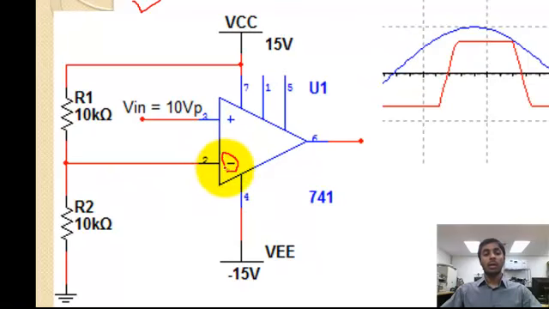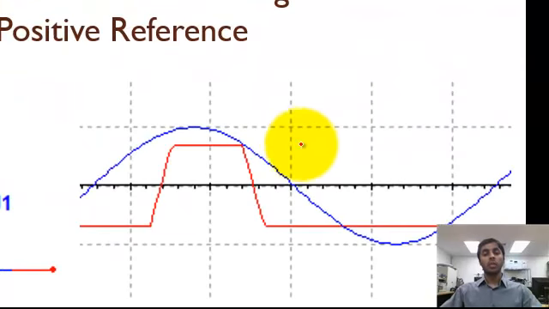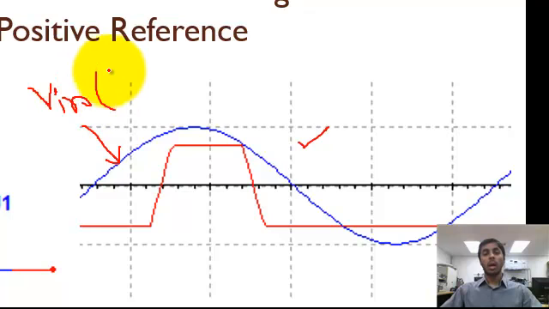The negative or inverting terminal is coming from a voltage divider network, and the non-inverting terminal is getting a 10 volt peak sinusoidal signal. In the graph shown here, the signal in blue is the sine wave input signal, applied to the positive or non-inverting terminal.